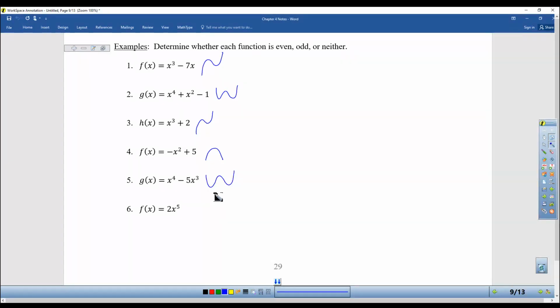Quartic going up. x to the 5th power: 1, 2, 3, 4, 5, ending up. So right away, your only shot at odd functions are going to be ones that go from down to up. They have that diagonal concept. So this could be odd. Could be odd. Where these could be even.